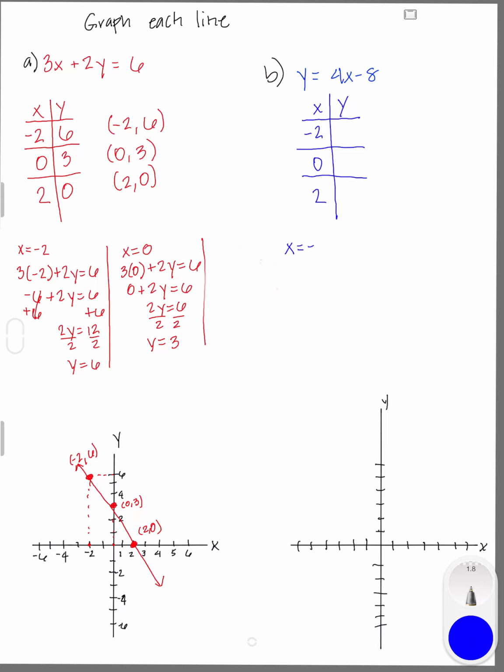So when x equals -2, we have y equals 4 times -2 minus 8. I'm replacing just the x value. This will be y equals 4 times -2, it's -8, minus 8. Oh, this is going to be -16.